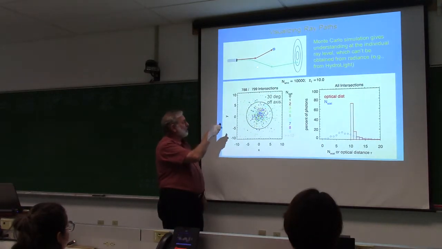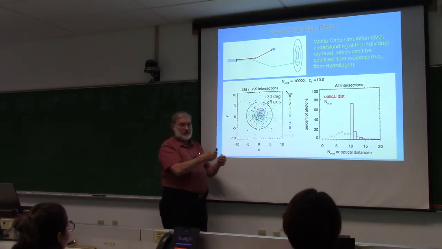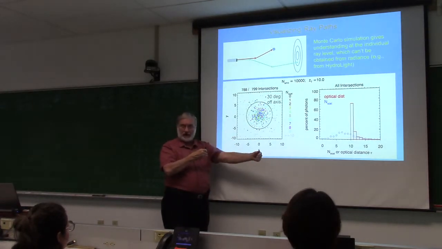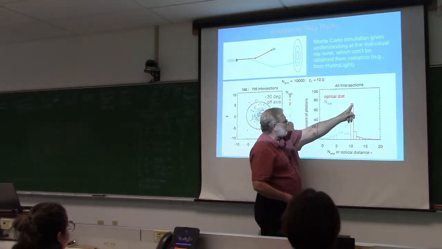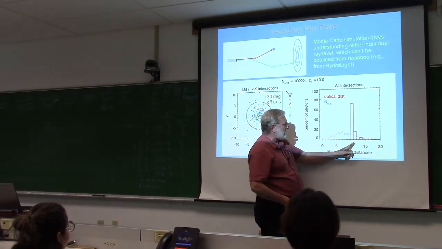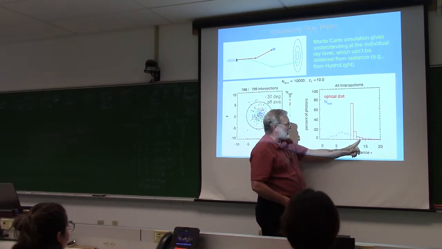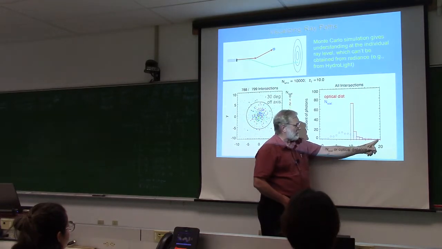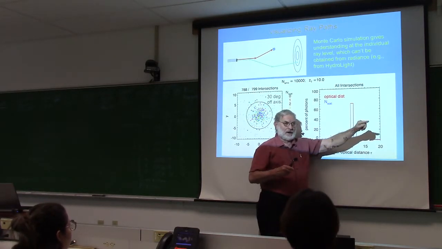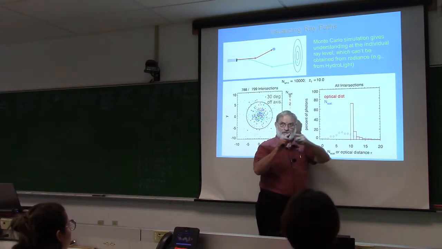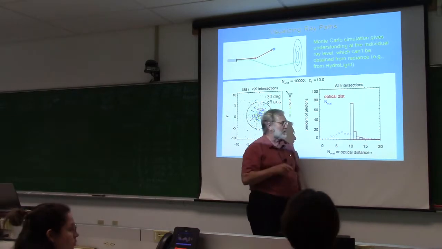But some of them, of course, are scattering, and so they're going a greater optical distance in order to get to the target, which is 10 optical depths away. So you see most of them are going somewhere between 10 and 11, some between 11 and 12, and some of them are maybe even going out to like 20 optical distances to get from the source to the target.